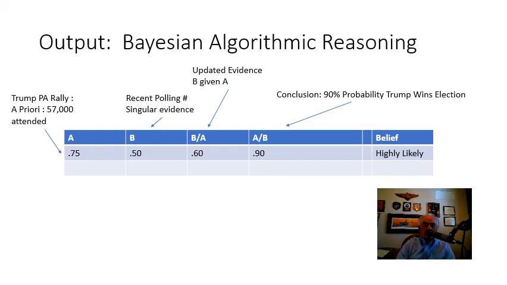Now, you can do this utilizing any number of inputs into the equation and come up with a series of conditional probabilities as an output. This is just one example of how you can use this algorithm.